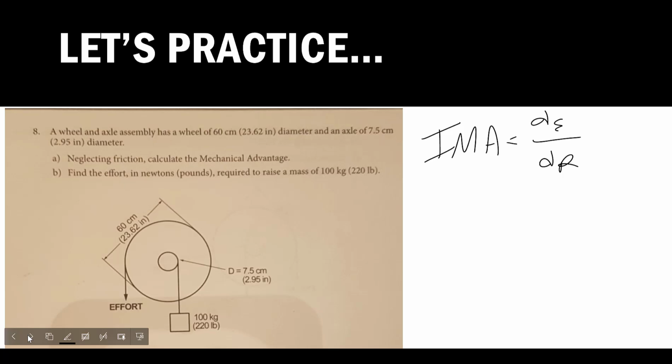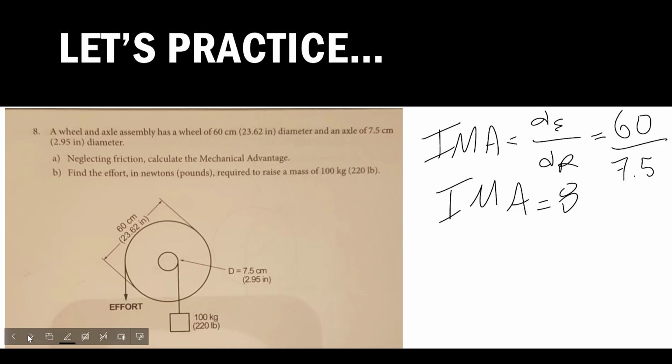So our effort diameter is going to be the 60, and our resistance diameter is going to be the 7.5. My centimeters cancel, because I'm dividing. And I'm going to use my calculator: 60 divided by 7.5 equals 8. So IMA equals 8.